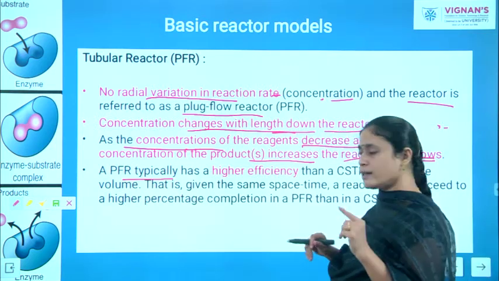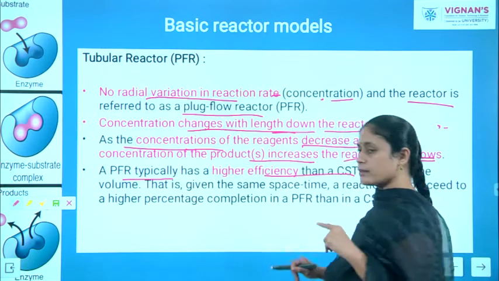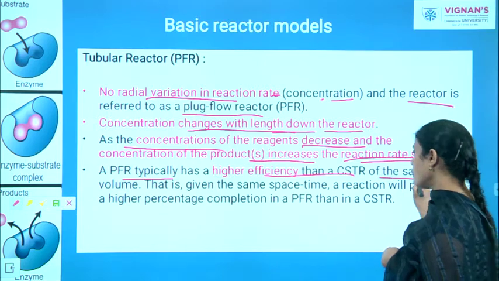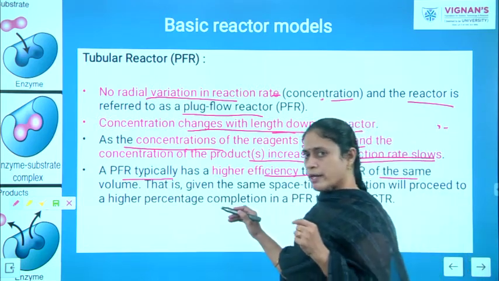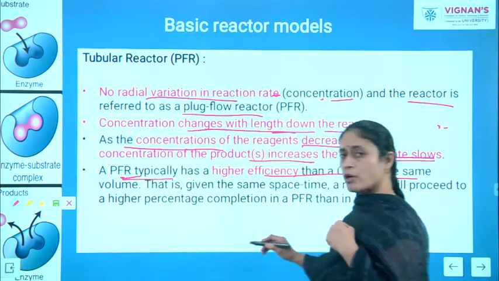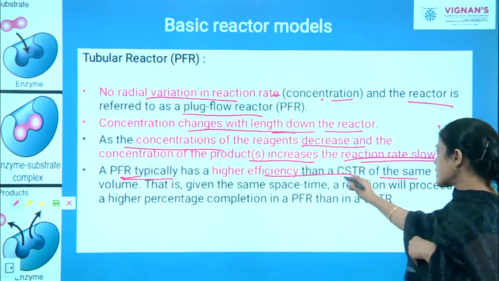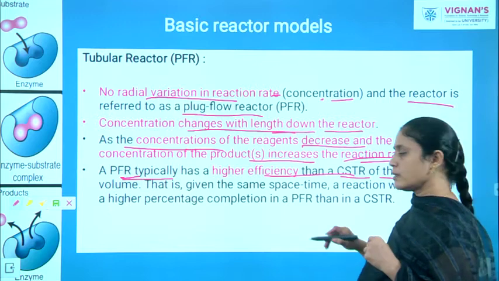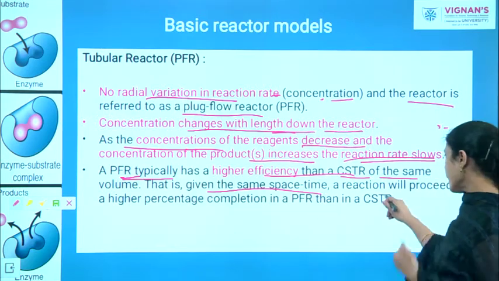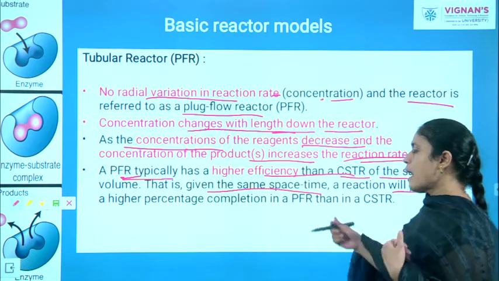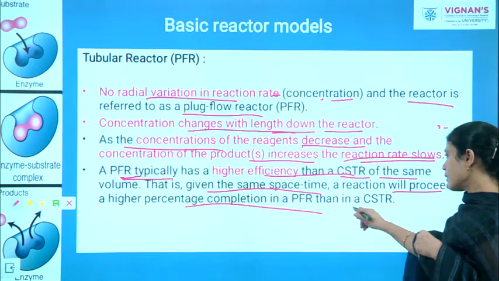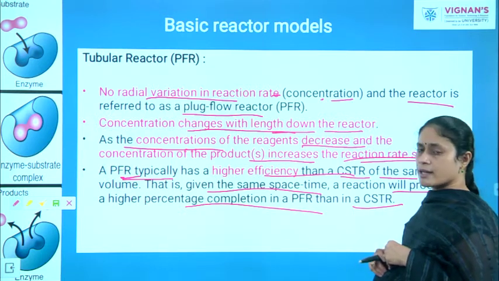The PFR has higher efficiency than a continuous stirred tank reactor of the same volume. Why is it more efficient? Why is your PFR more efficient than your CSTR? Given the same space and time, a reaction will proceed to a higher percentage completion in the PFR than in the CSTR.